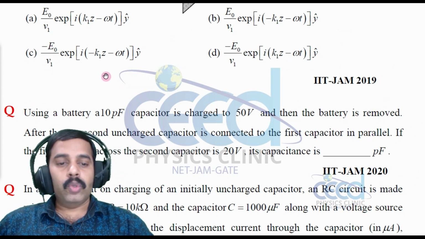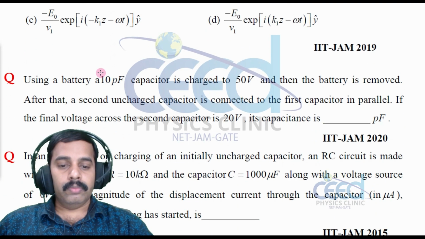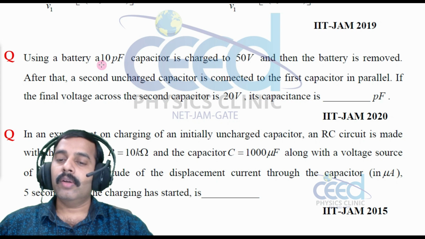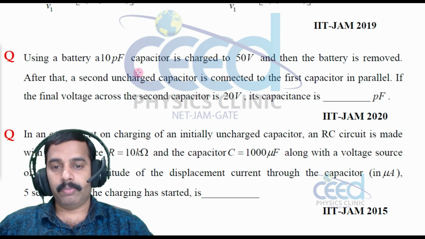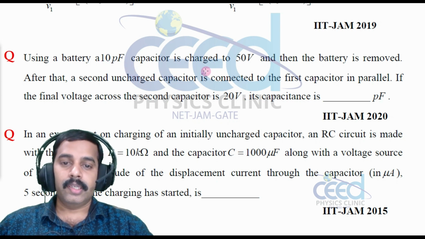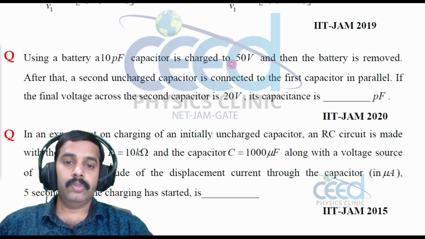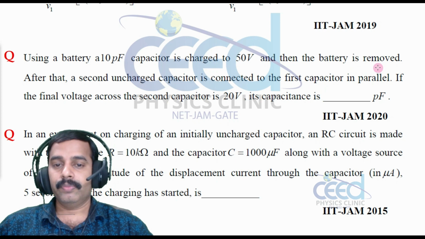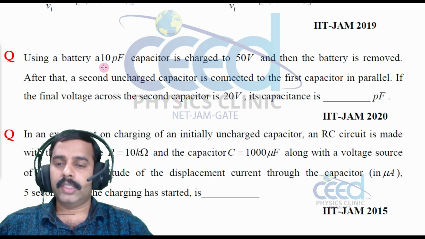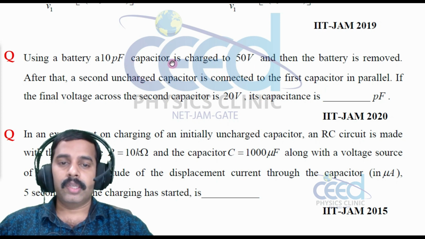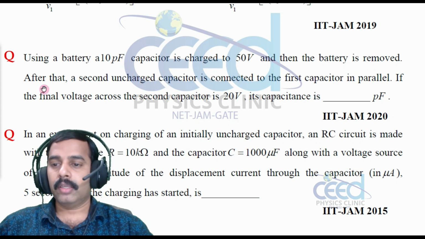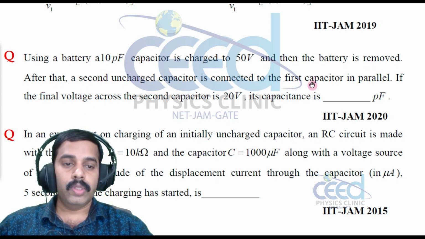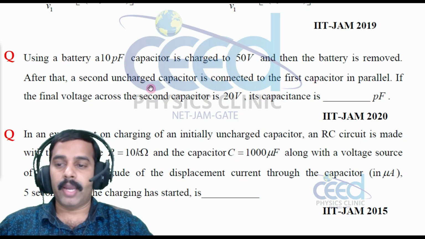Now let us come to another problem. Using a battery, a 10 picofarad capacitor is charged to 50 volt, and then the battery is removed. After that, a second uncharged capacitor is connected to the first capacitor in parallel, right?